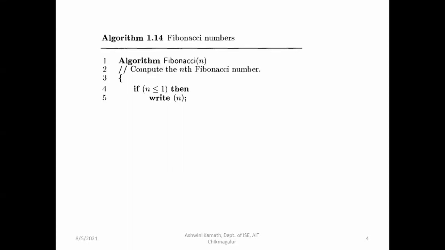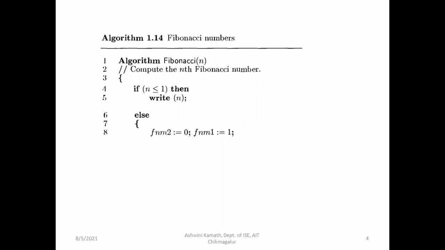If n is less than or equal to 1, then write of n. So what we are doing here is just displaying that value. If n is equal to 0, we display 0. If n is equal to 1, then also we display that n value, that is 1. So if it is 0 or 1, we display the value of that. So it is write of n.